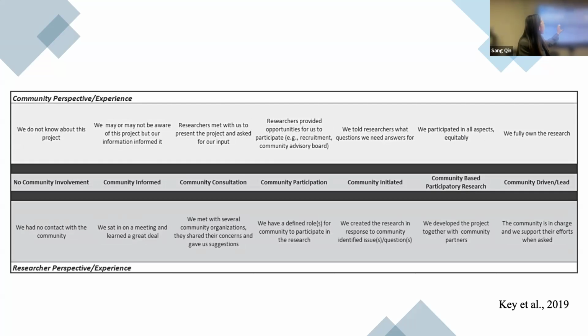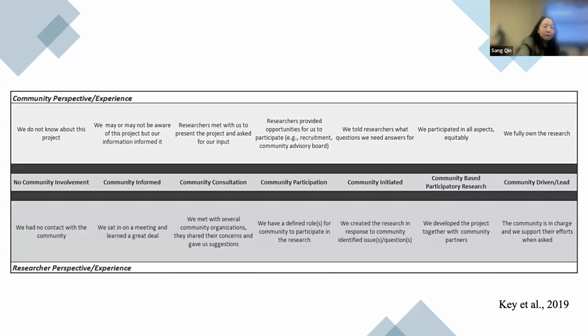They help answer the question, or they bring the question they want to be answered, or they participate in all the aspects, from raising the question, to designing the research itself, to collecting the data, to analyzing the data, to presenting the data, to dissemination, to sustainability. All those processes are their experience of community engaged research. So that's another way for you to know where they're at in the community engaged research.